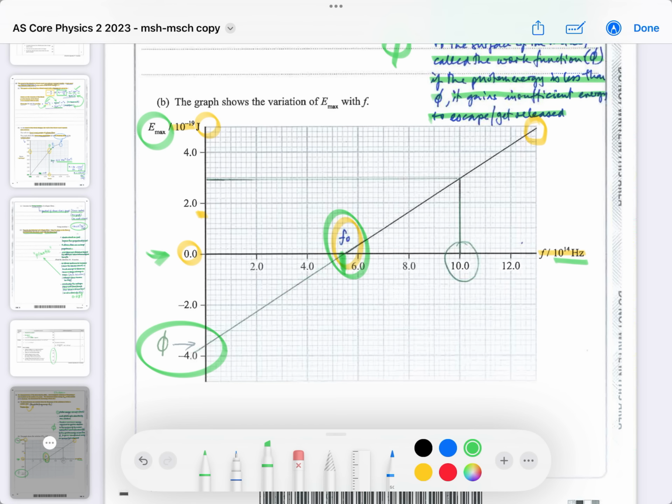So this is the amount of energy required to get to the surface of the metal. Yeah, and anything above that then would be giving you some kinetic energy. Hope that makes sense. And this was a weakness amongst my students, many of them that I've marked already, in being able to describe this photoelectric effect.